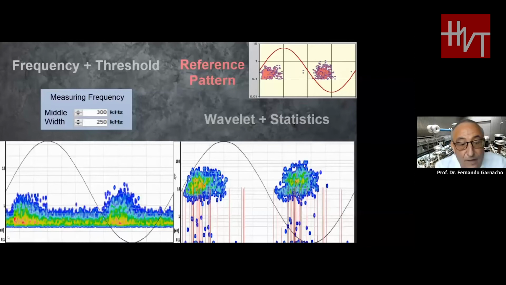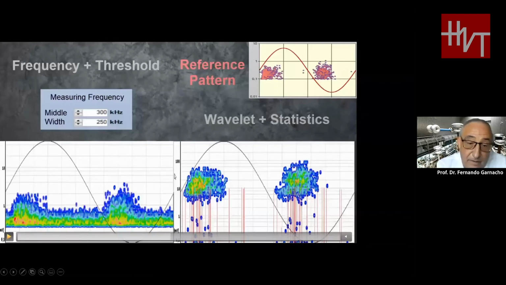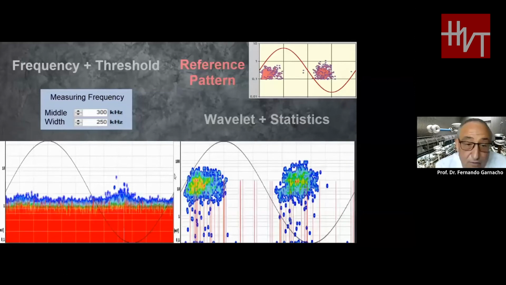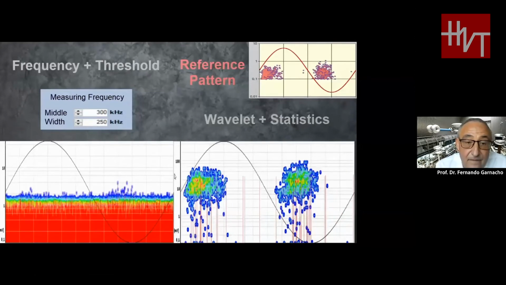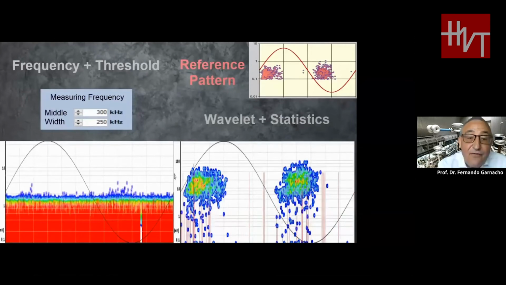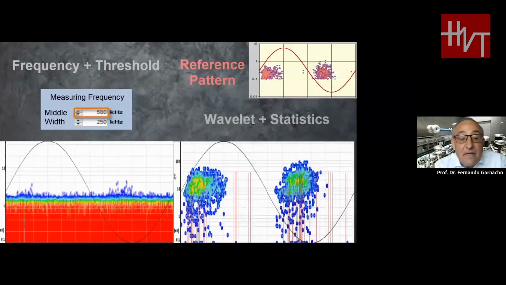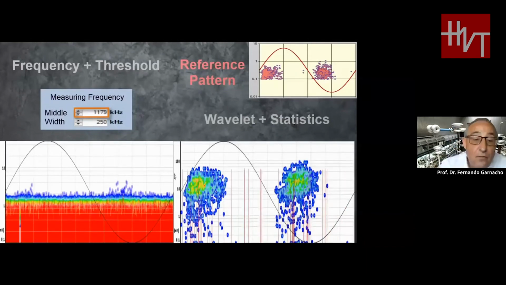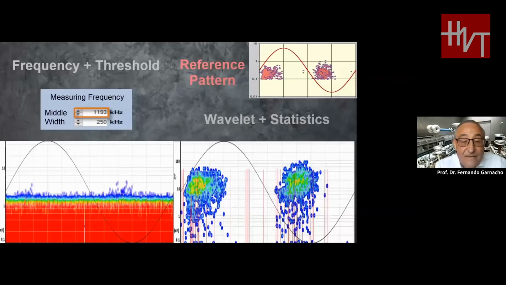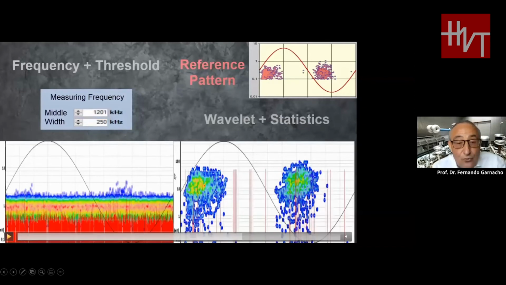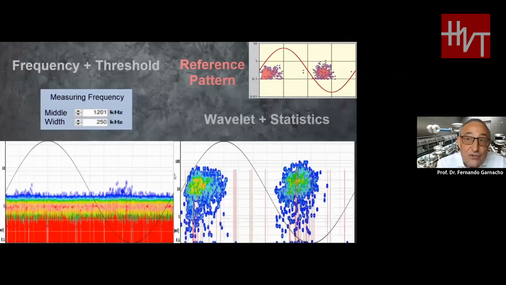We can continue. Of course, if we move the central frequency, the measuring frequency, of the instrument used on the left up to 1.2 megahertz, we have the opportunity to recover the PD pattern, because it's the frequency where the energy is lower.